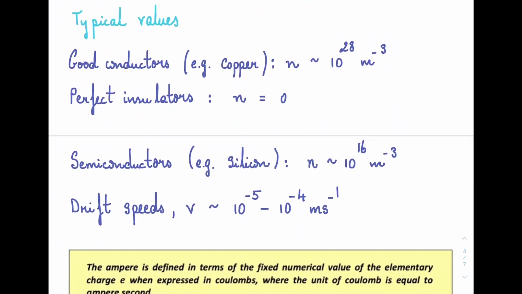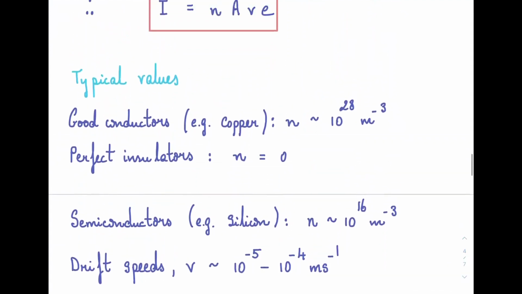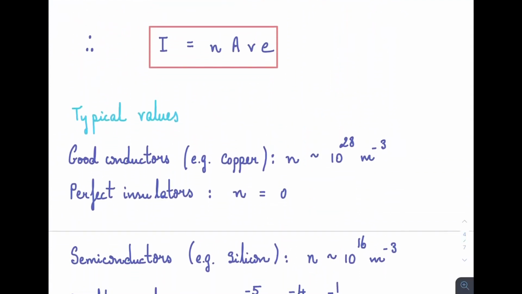Now, some typical values, not to learn by heart, but to give you an idea of what we are talking about. First of all, the equation that we have just derived shows that the amount of current flow through a material depends on the number of free electrons per unit volume of that material. For good conductors, for example copper, we find that n is of the order of 10 to the power of 28 per meter cubed.